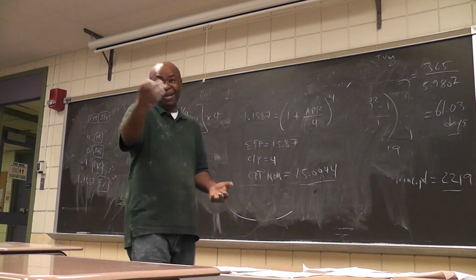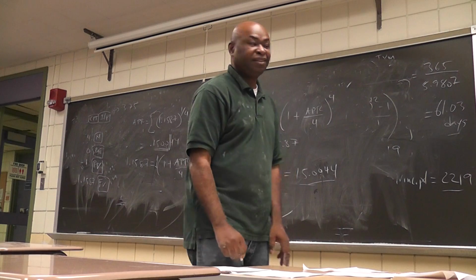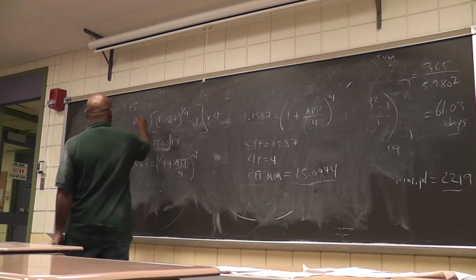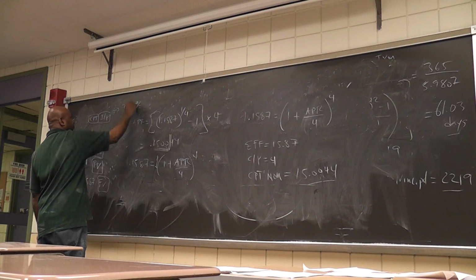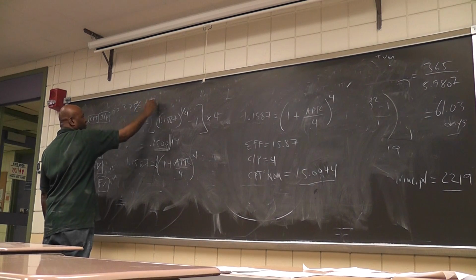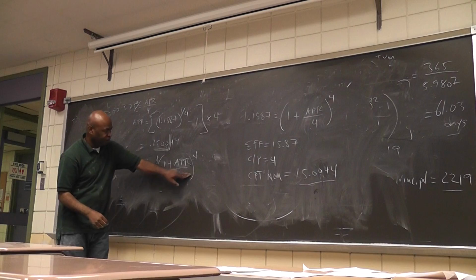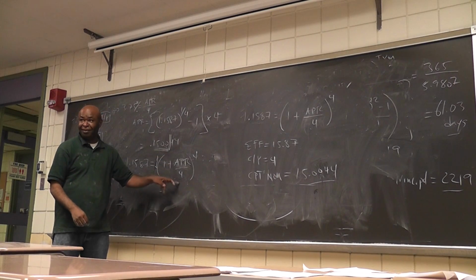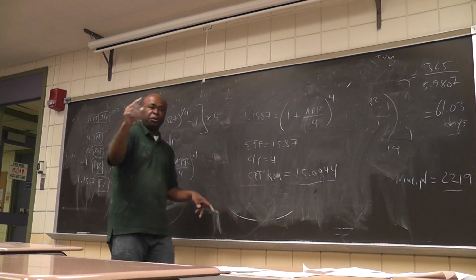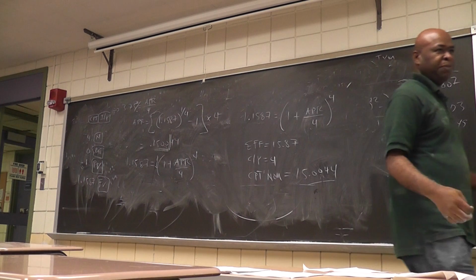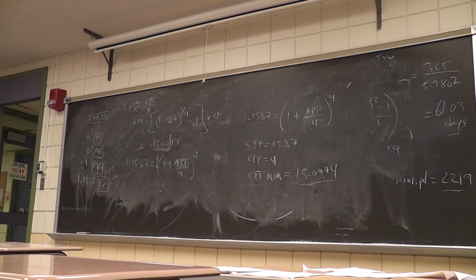You need to multiply by 4. So this number is my APR over 4, and my APR over 4 is 3.75%, so therefore, what is my APR? 15%. That's another way of doing it.